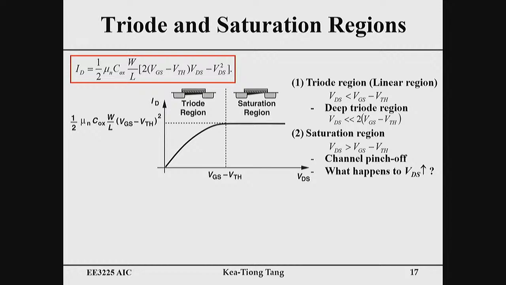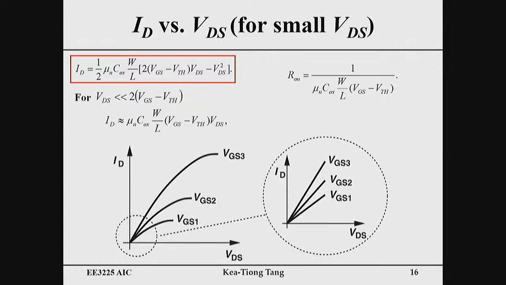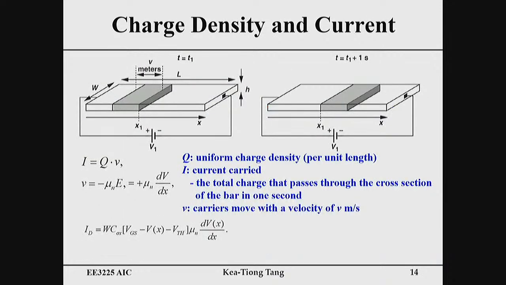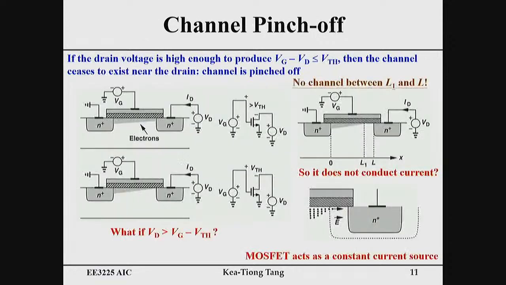So what is this point? This point is what we actually saw in our previous slide, is this one, okay? When VG minus VD equals VTH, which means that VD is equal to VG minus VTH at this point.